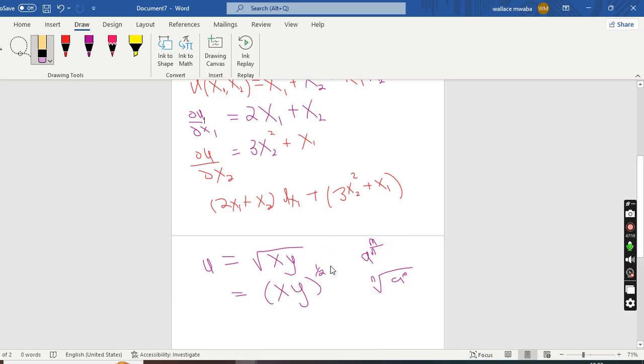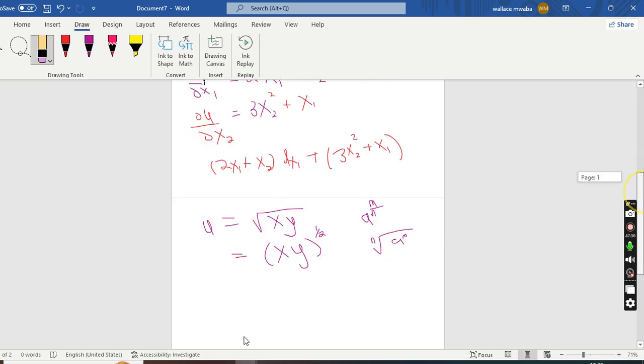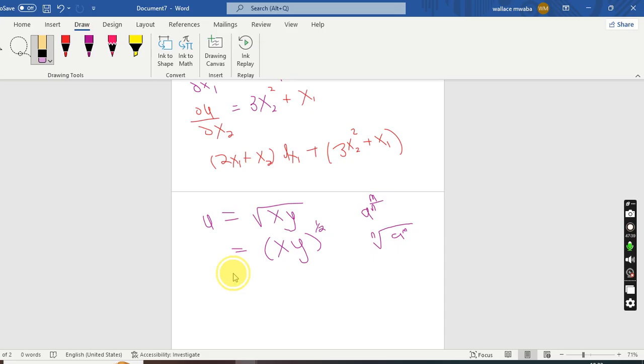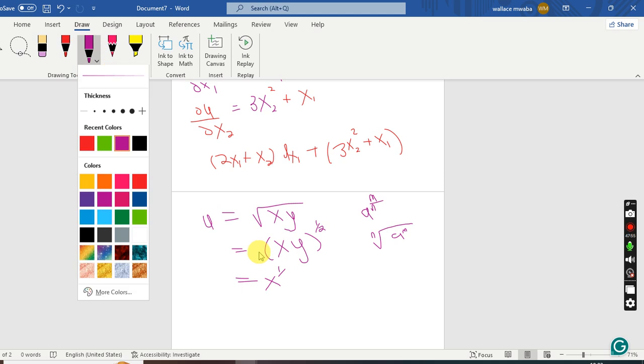No, we haven't even got started. Next, you distribute this power to each letter. So this becomes x to the power half, y to the power half.